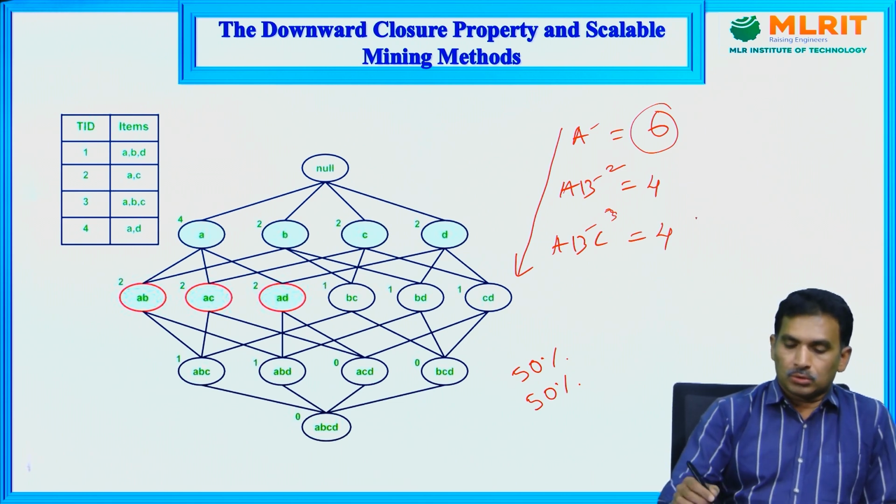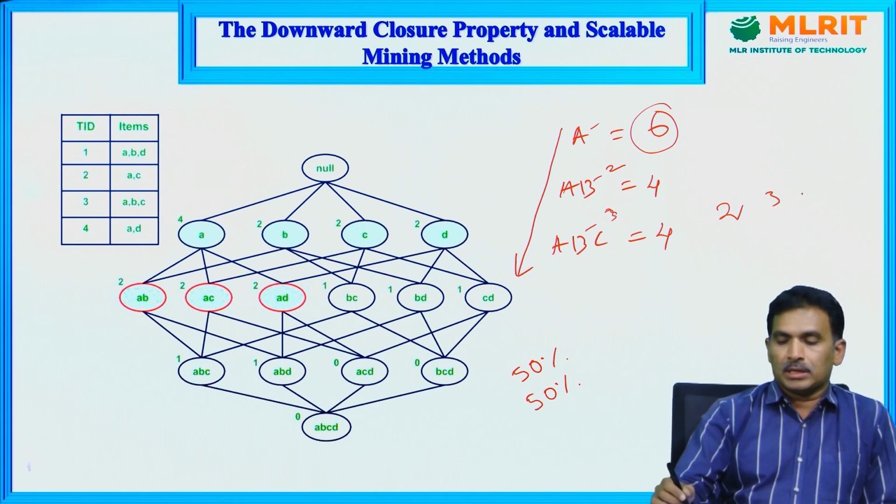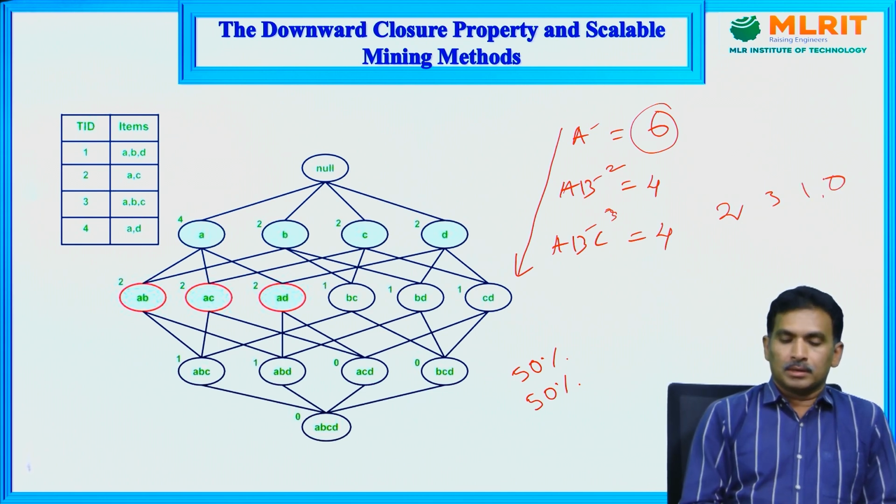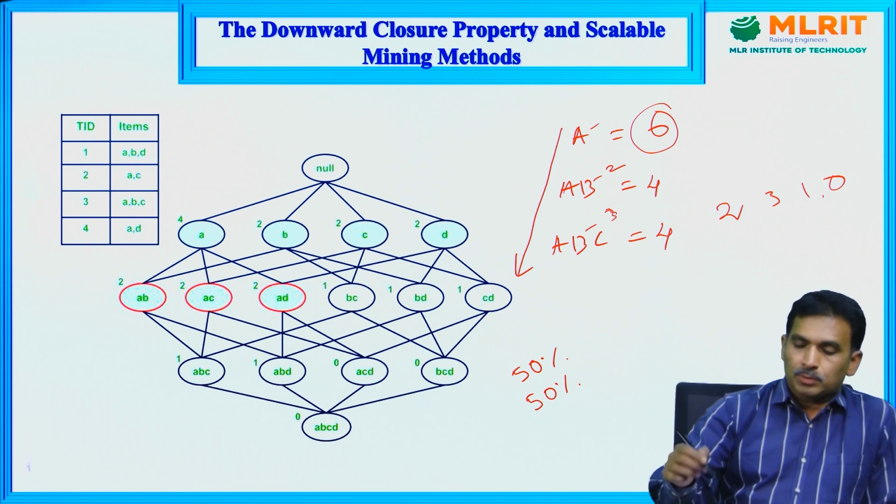It may appear in 2 transactions, or even 3, or 1, or even 0. So there is such a possibility.